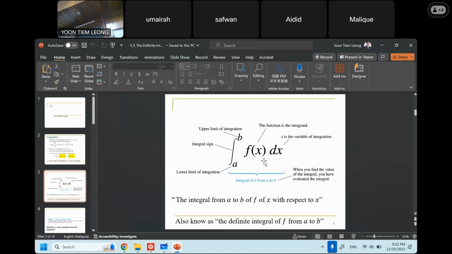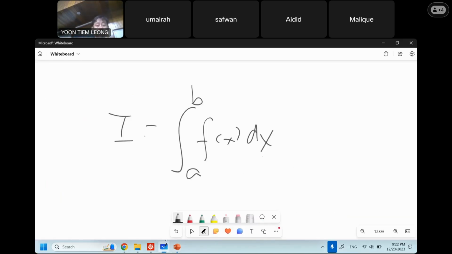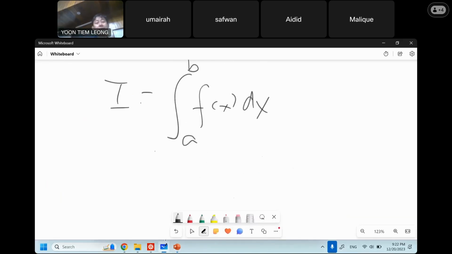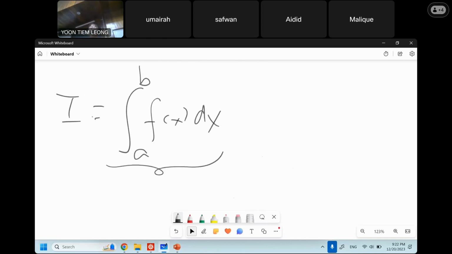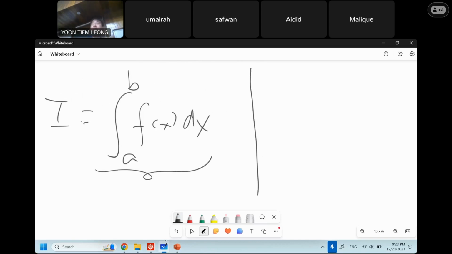Now you look at this definite integration a little bit more closely. It looks like this. It is actually quite familiar. It looks like someone, right? It looks like what? It looks like the symbol for antiderivative. Remember the antiderivative I mentioned this morning?